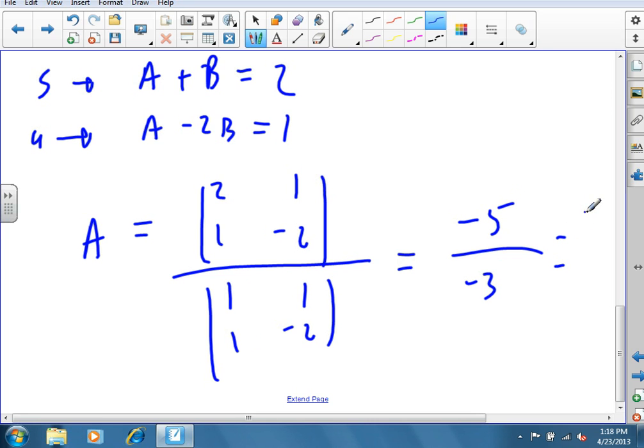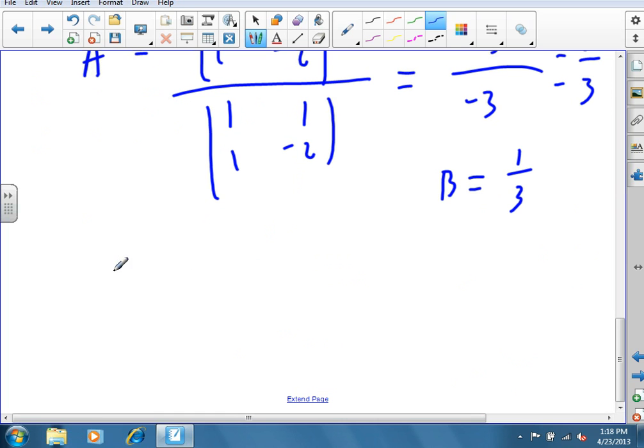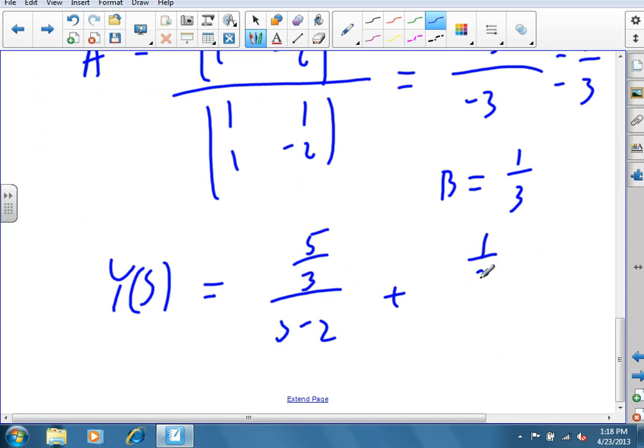So A is going to have to be 5 over 3, which implies B is going to have to equal 1 over 3. And that checks in the first guy, and that checks in the second guy. So my y of s becomes 5 over 3 divided by s minus 2 plus 1 over 3 divided by s plus 1.